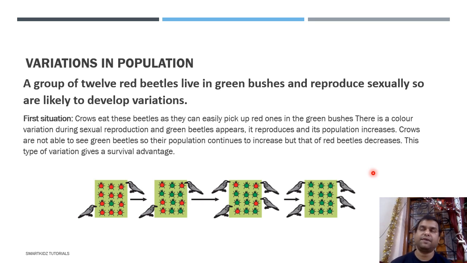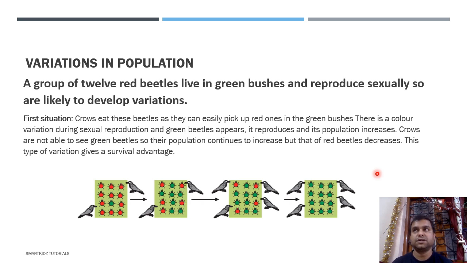See, when we speak about natural selection, it refers to selecting the right individual in such a way that it can continue to grow further and reproduce further.